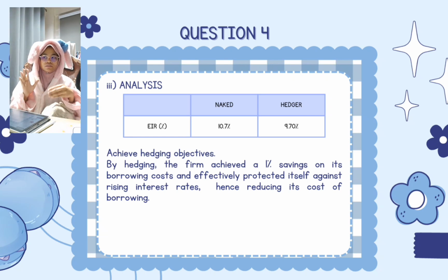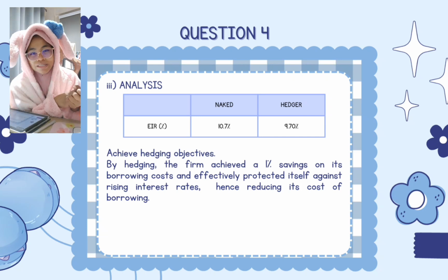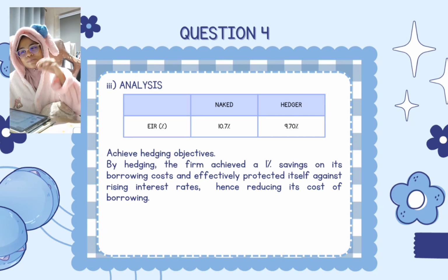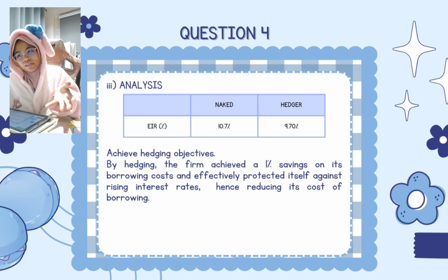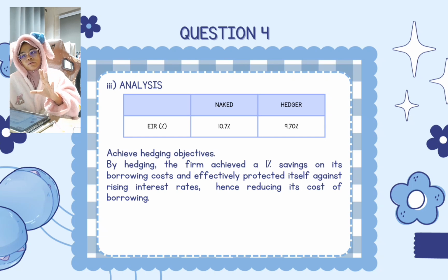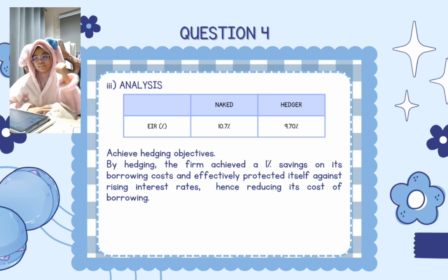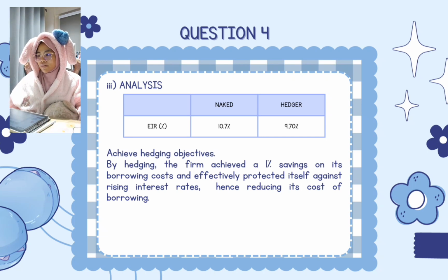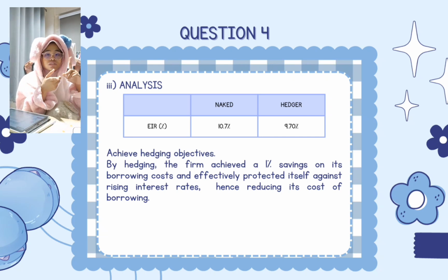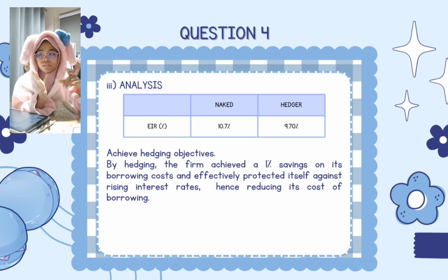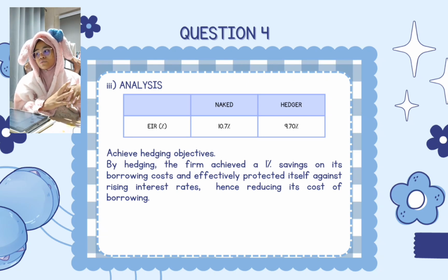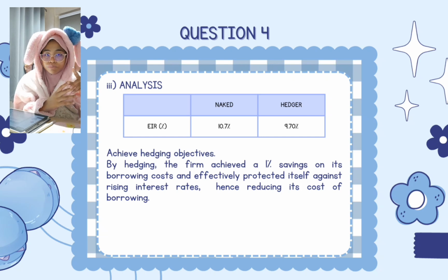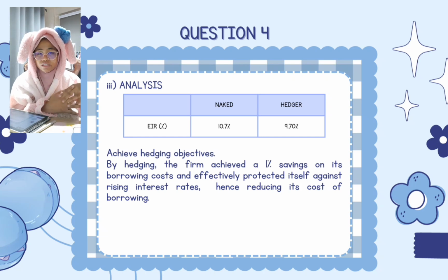Basically, the hedging objective has been achieved. By hedging, the firm achieved a 1% savings on its borrowing costs and effectively protected itself against rising interest rates, hence reducing its cost of borrowing. So therefore the effective interest rate is only 9.70% as compared to 10.7%, which is unhedged or naked.